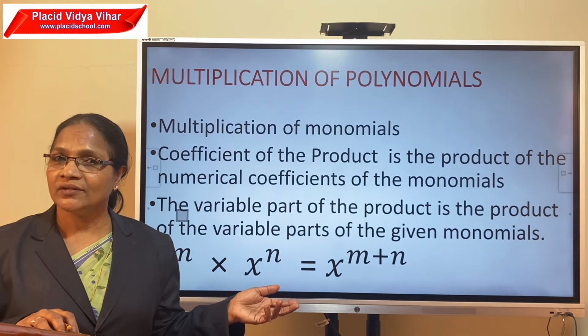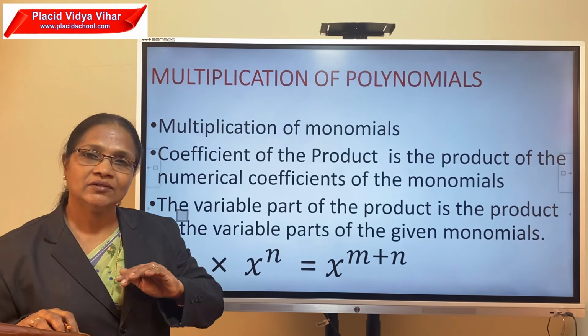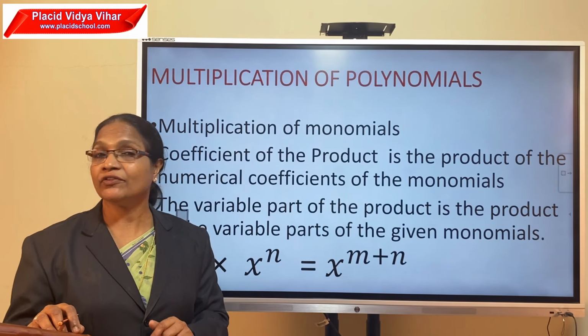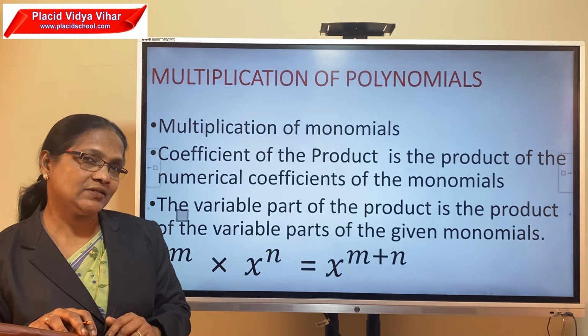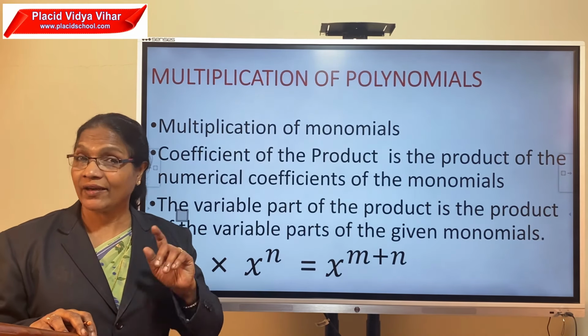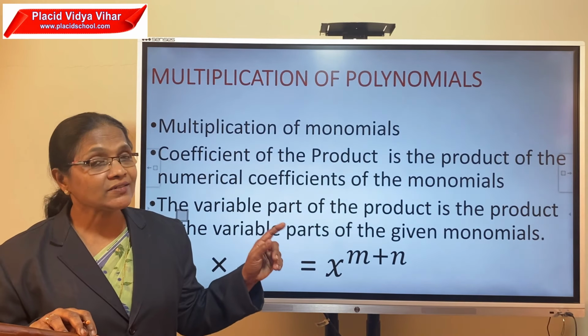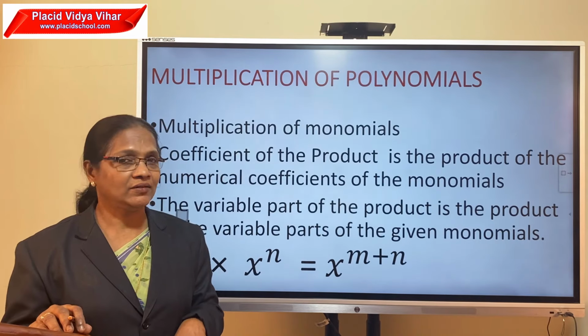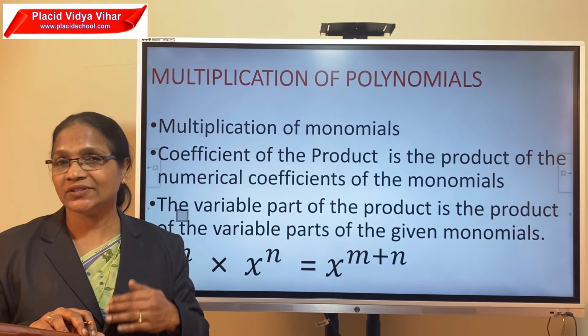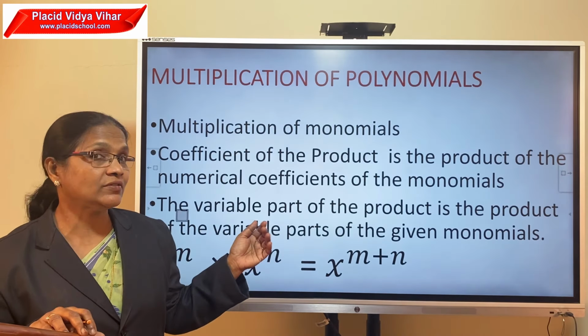For multiplication of the variable parts, we have to follow the laws of indices, or laws of exponents. x raised to m into x raised to n equals x raised to m plus n. We have to follow that rule for the multiplication of the variables.